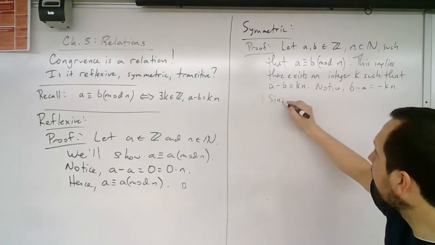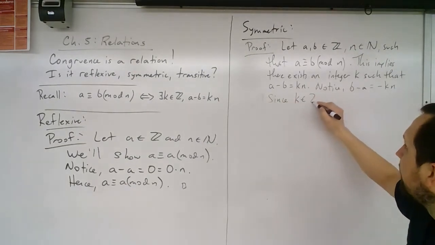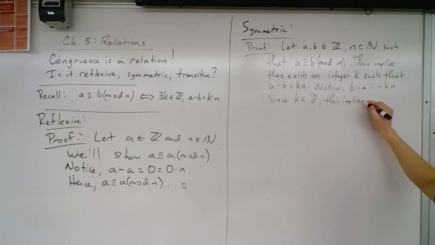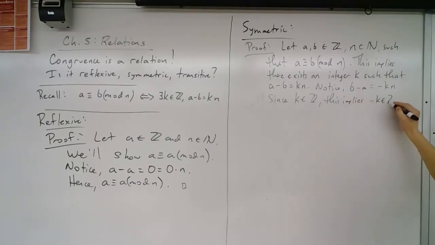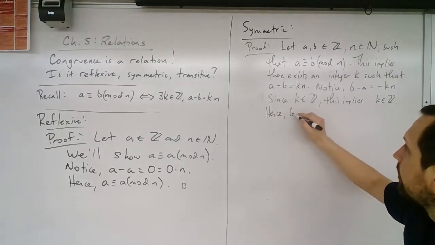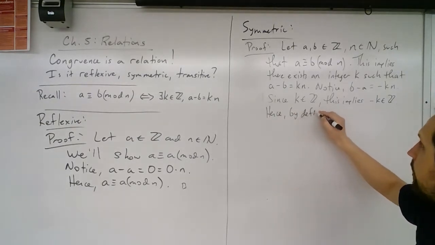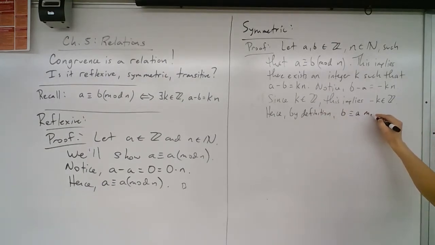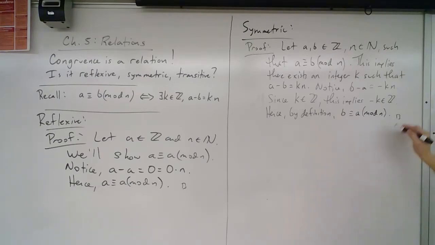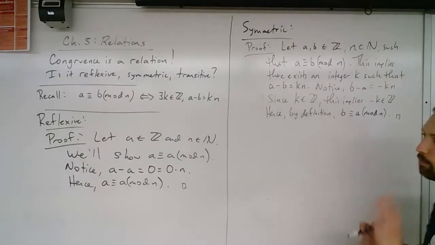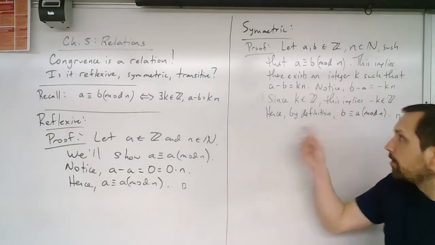So then we could say that since k is an integer, this implies that negative k is also an integer. Hence, by definition, b is congruent to a mod n. And so that concludes this proof over here, and that concludes that proof over there. Well, I guess this one was already concluded. This one is now concluded.